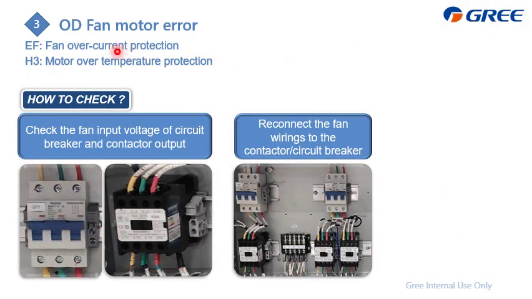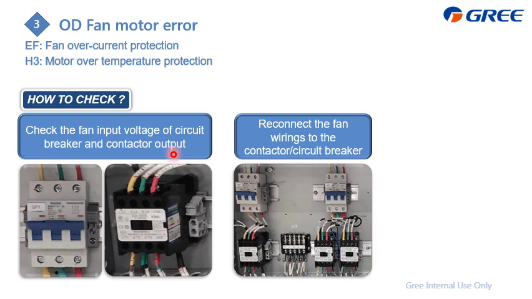Next, we'll go to the outdoor fan motor errors, including EF, fan overcurrent protection, and H3, motor over temperature protection. As we know, the chiller applies a circuit breaker and contactor to control the outdoor fans. So for these errors, we need to check the fan input voltage of the circuit breaker and the contactor output, which means checking whether the fan motor can get power from the device.